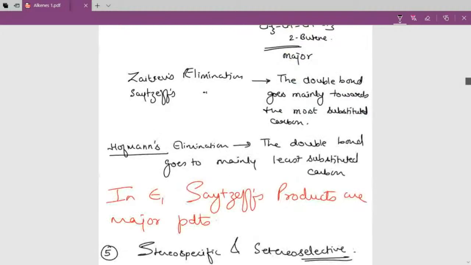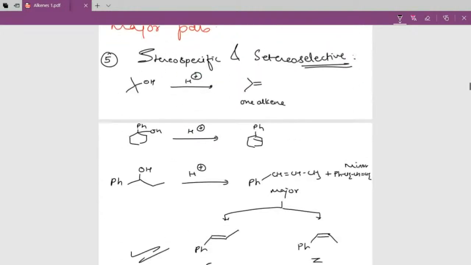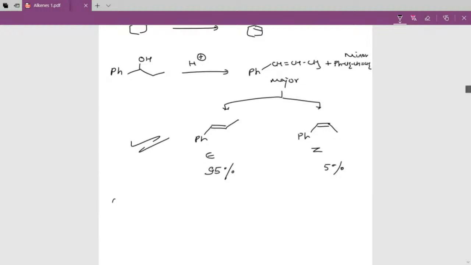Then we are moving to the next point, number 6, that polar solvents increase rate of E1. I think all of you will support that because RDS is carbocation formation. Okay, so that is okay.